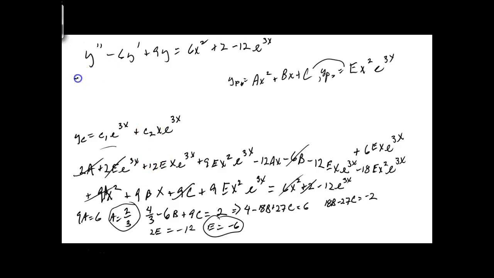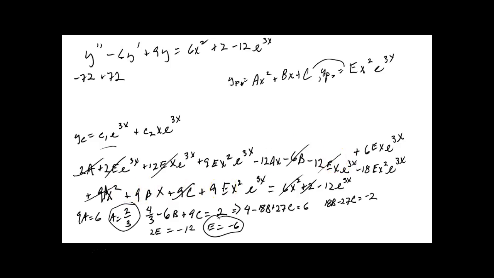Okay, minus 72. That'll take care of this term. X e to the 3x. And here we have a positive 72. Okay. Any more x e to the 3x?